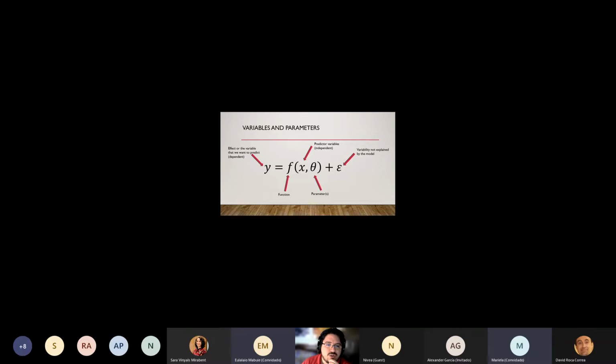So the models that we are going to use in these sessions all have the same shape. First, to the left of an equal, we have the effect or variable that we want to predict that we call dependent. And to the right of the equal, we have a function, which now is going to be a linear function, okay?